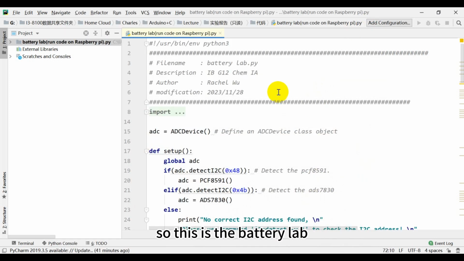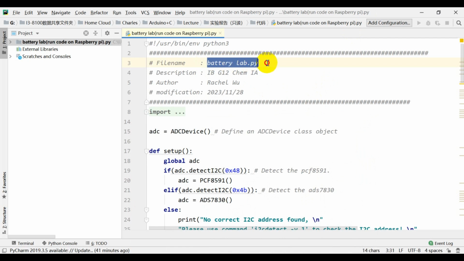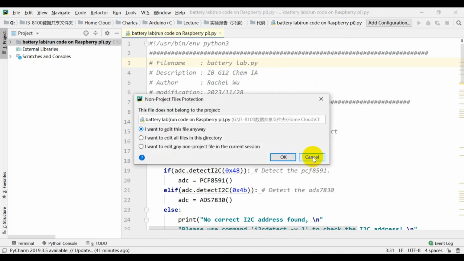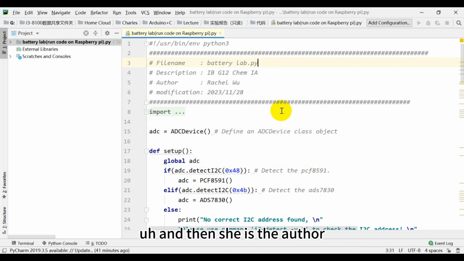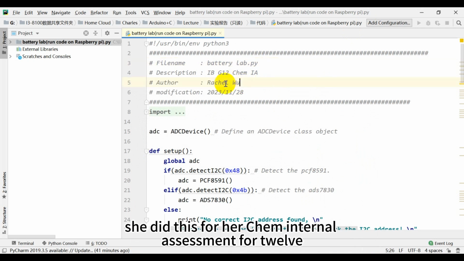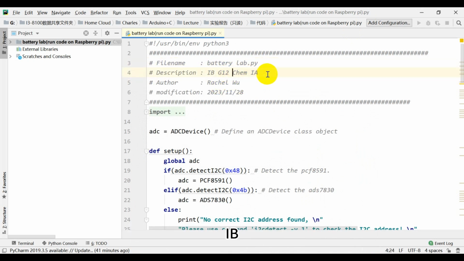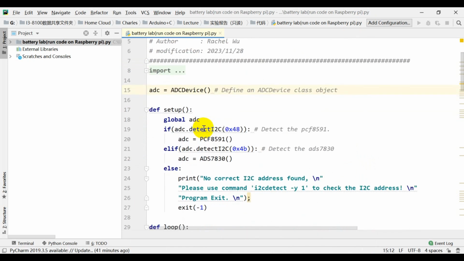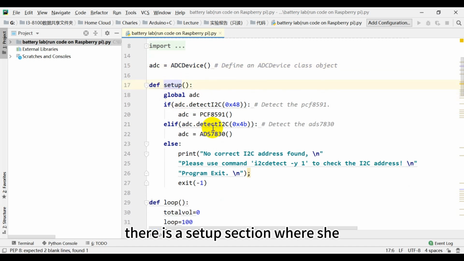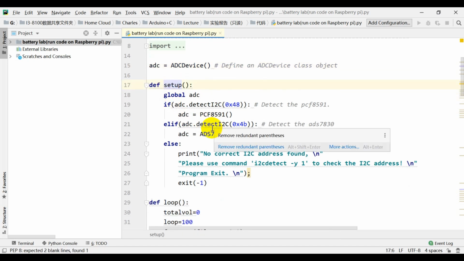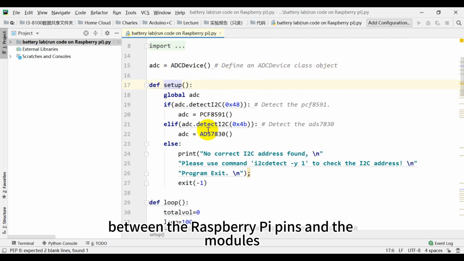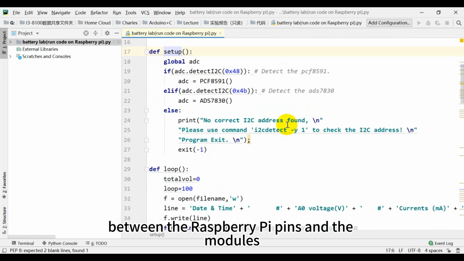So this is the battery lab. And then she's the author. She did this for her Chem internal assessment for grade 12 IB. And there are 3 sections to it. There is a setup section where she establishes the connection between the Raspberry Pi pins and the modules.